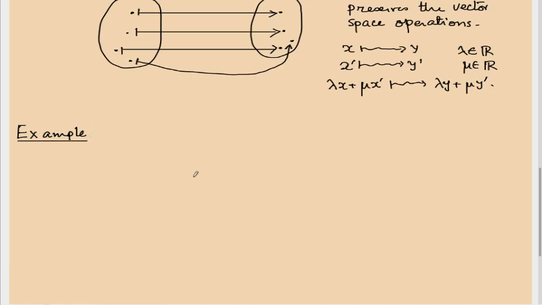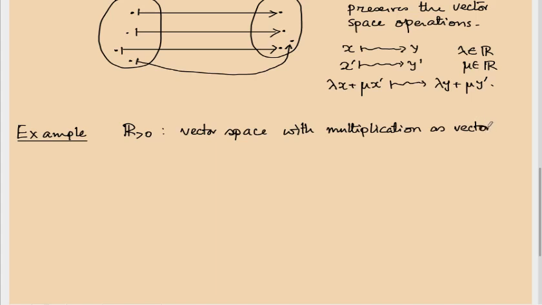I'm sure you must have been wondering about this strange vector space of the first problem set, with multiplication as vector addition and powers, x to the power lambda, as scalar multiplication.